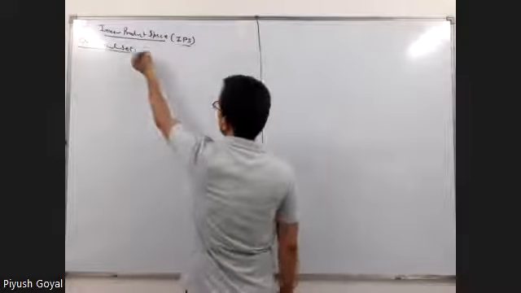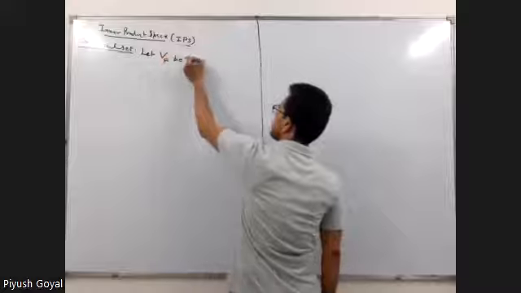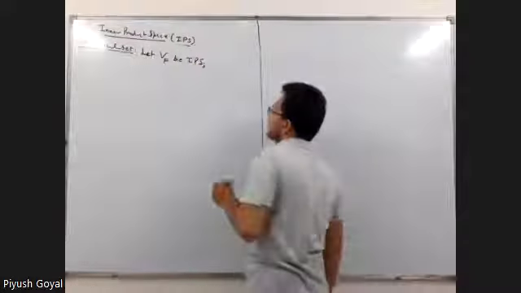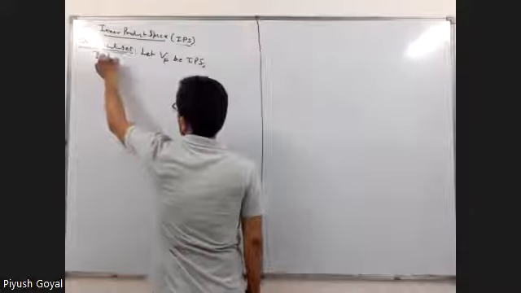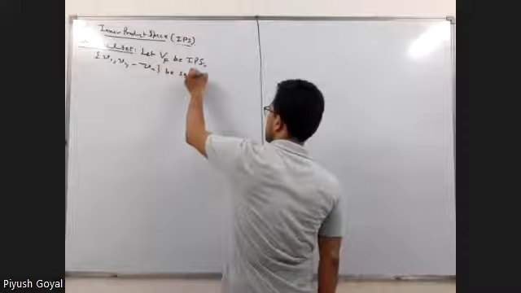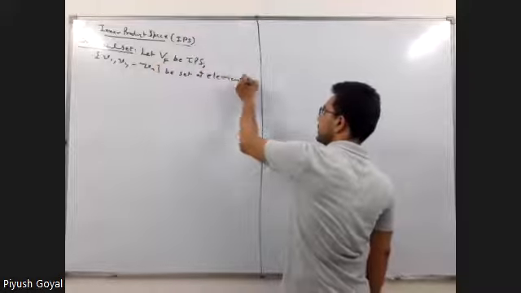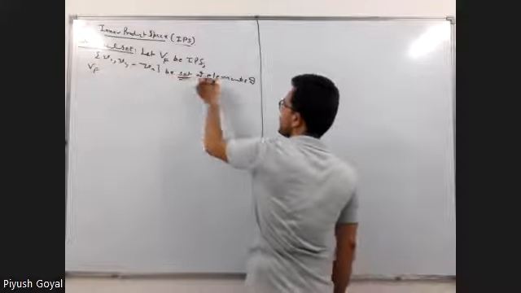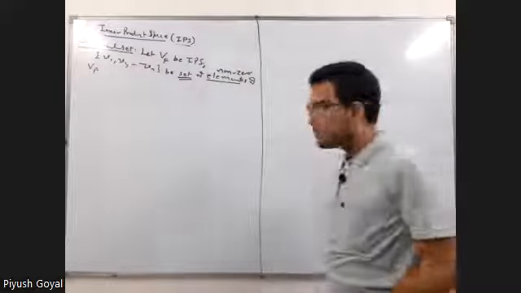First of all, let V(F) be an inner product space, and you say that there is a set v1, v2 up to vn, a set of non-zero elements of V(F).